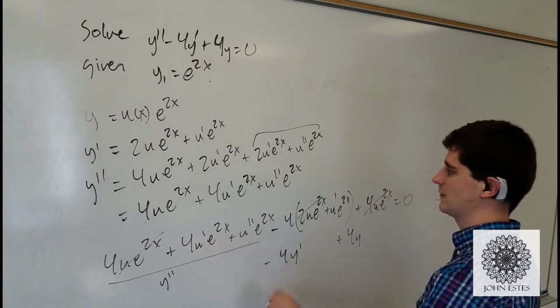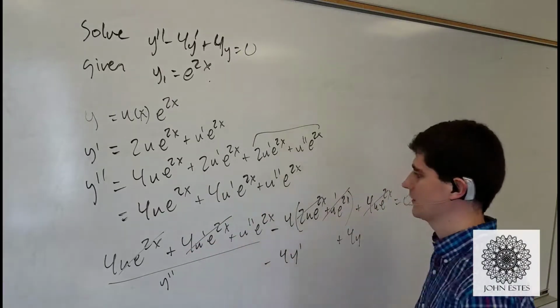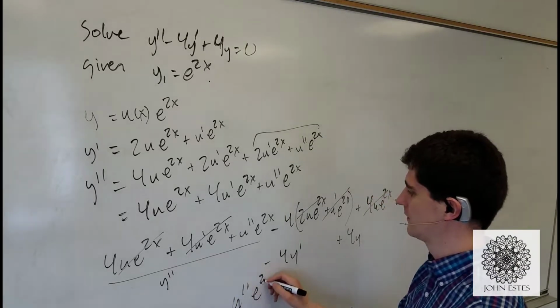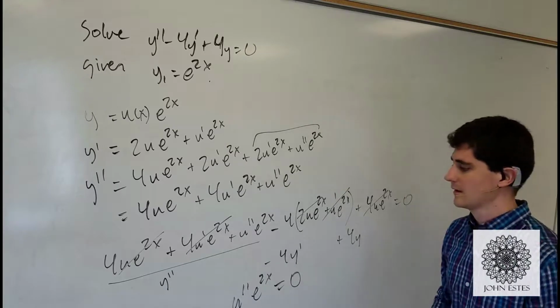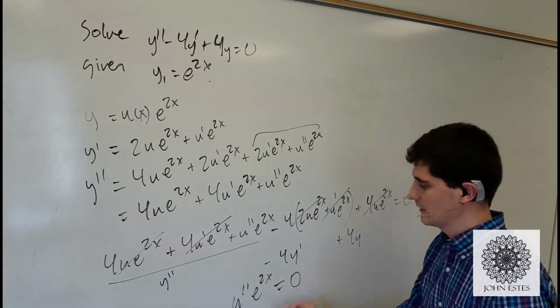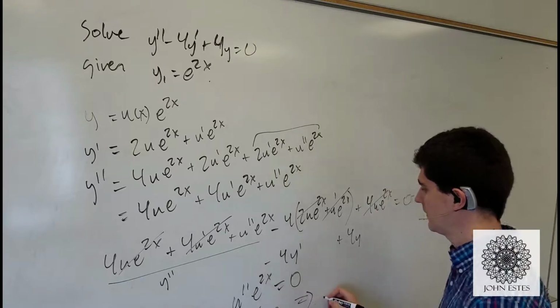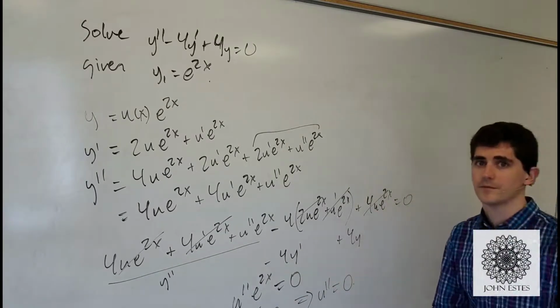I have a 4u prime e to the 2x and a negative 4u prime e to the 2x. Those will cancel out as well. And so I'm actually left with u double prime e to the 2x equals 0. Okay, now as we know, e to the 2x will never be 0. I end up with then that u double prime equals 0.